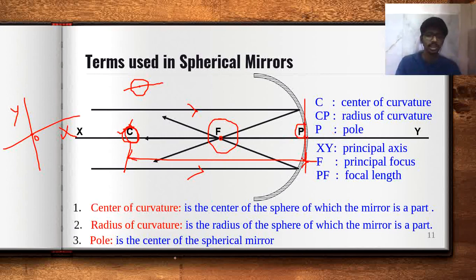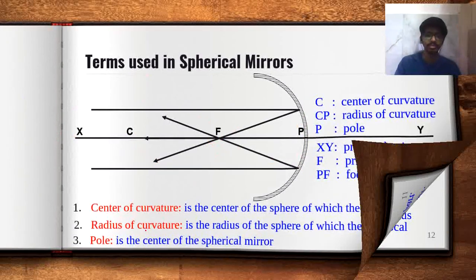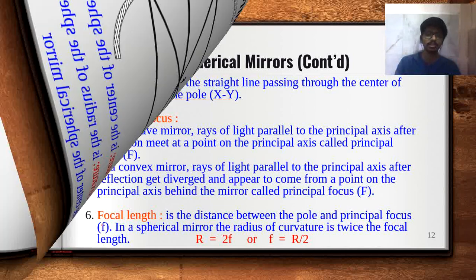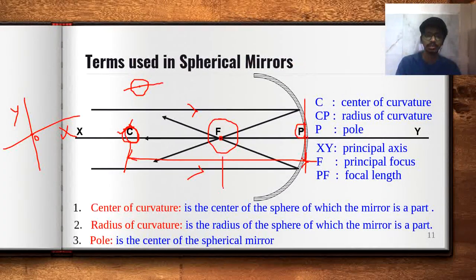The principal axis is the straight line passing through the center of curvature and the pole, and the principal focus is that point we have already discussed. And what is the focal length? It is the distance from the focus to the pole, because all distances are measured from the pole.